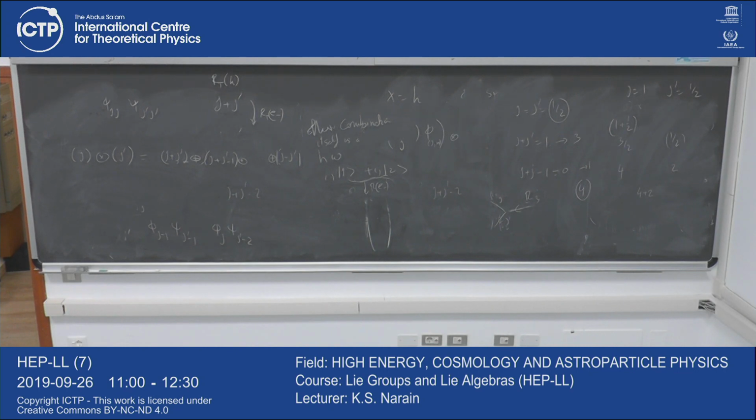But the Poincare group is a product of these two groups, and that is not a direct product because the translations don't commute with the Lorentz group. What happens? If I first do the translation, a point has gone to some other point, given by this translation. Then I rotate, and that point is going to rotate under the Lorentz transformation.